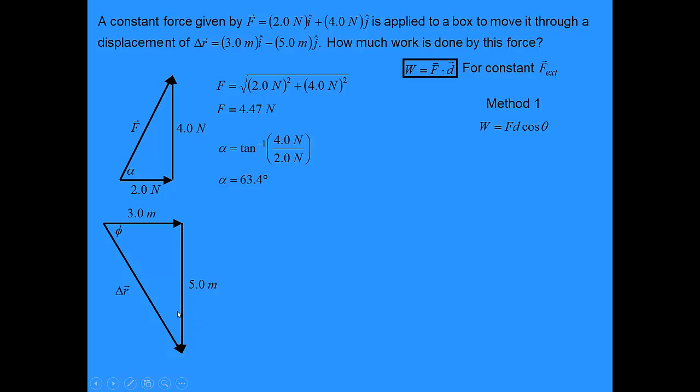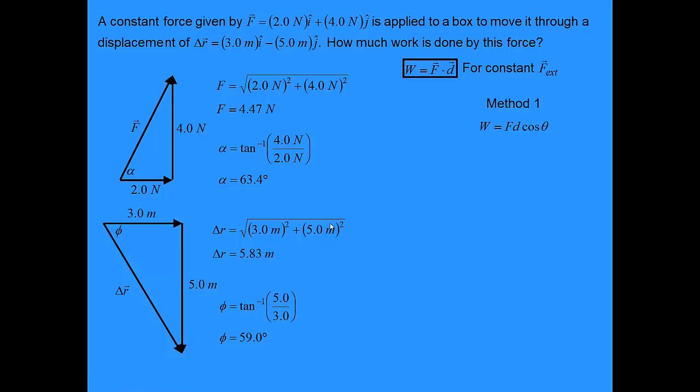But the same math now: we can find the magnitude of the displacement with the Pythagorean theorem. Keep an extra sig fig, 5.83 meters. We can find the angle phi of our displacement by taking an inverse tangent of opposite over adjacent, which gives us 59.0 degrees.